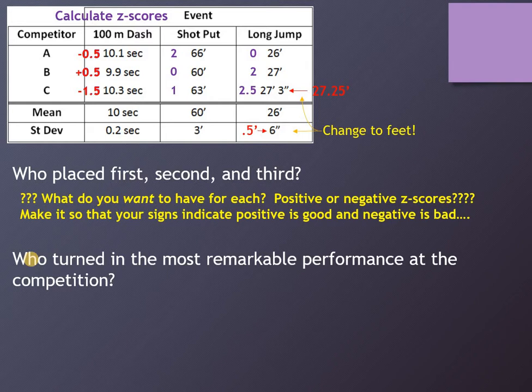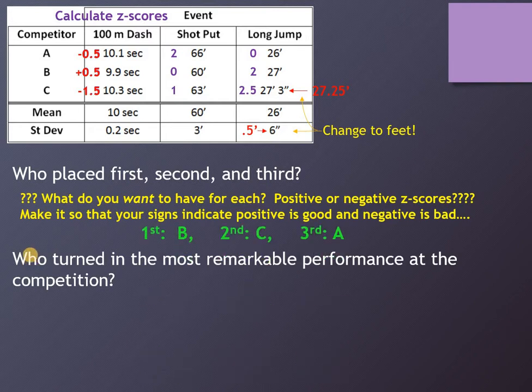So who would you say finished in first place? B? Okay, second place. C or A? Because A is going to give me 1.5. C is going to give me 2.